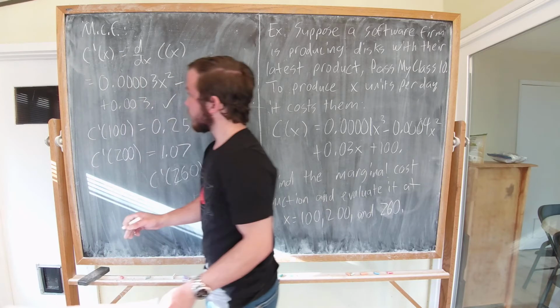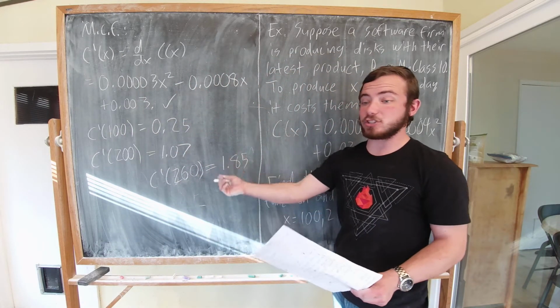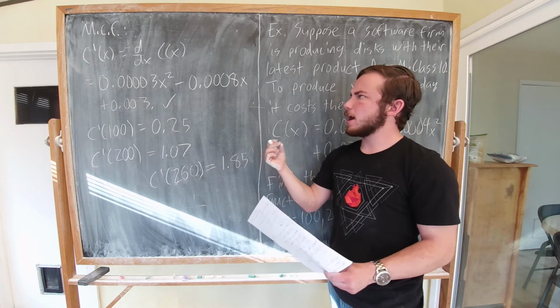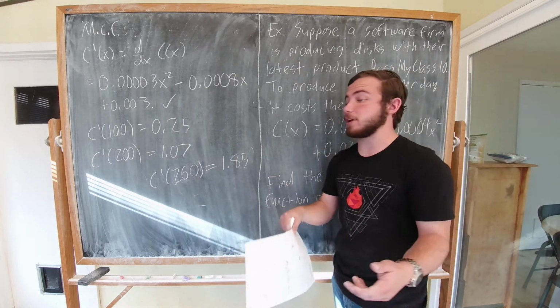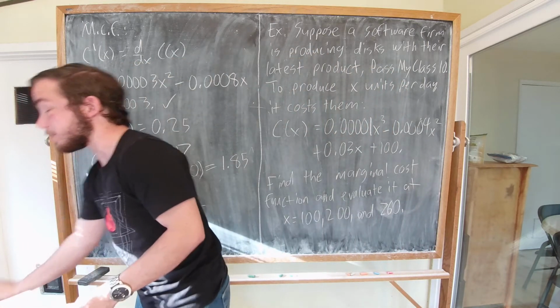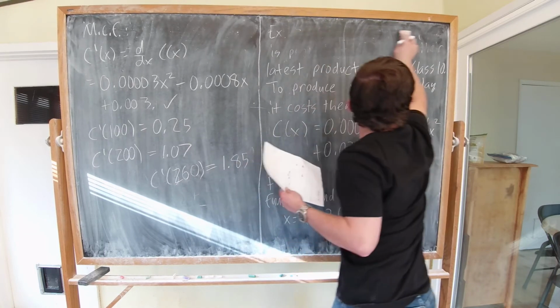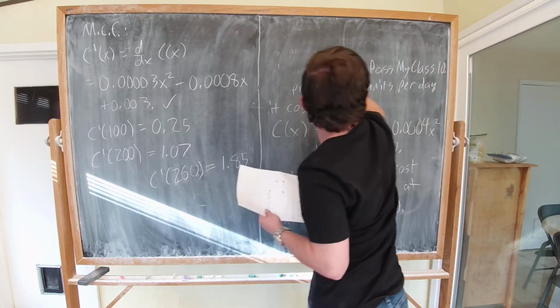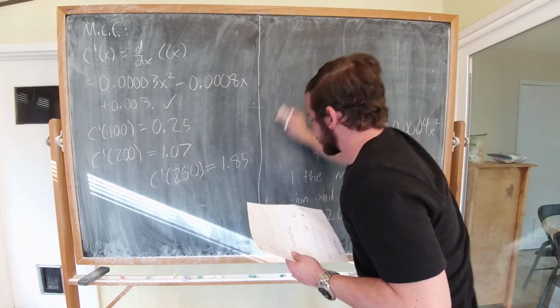So that's a marginal cost function, and it tells you how much the next one costs. But what if we wanted to find our marginal costs per capita? Or really just even our costs per capita? Well, to do that, all we need to do is take an average.